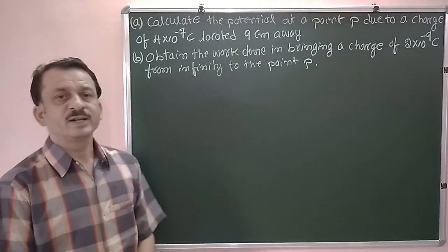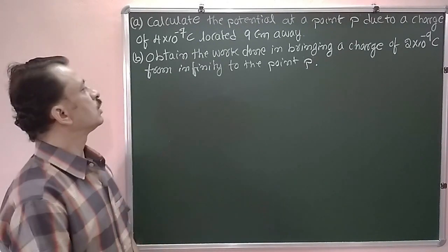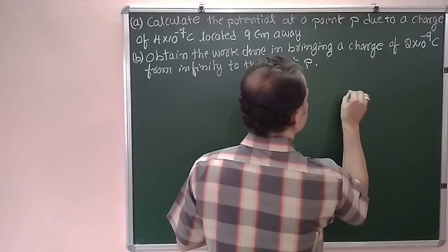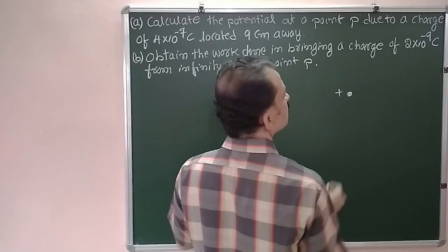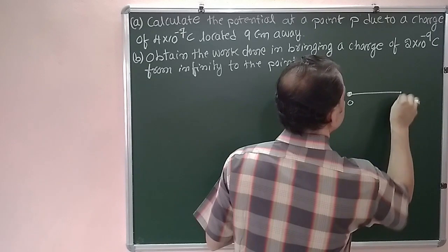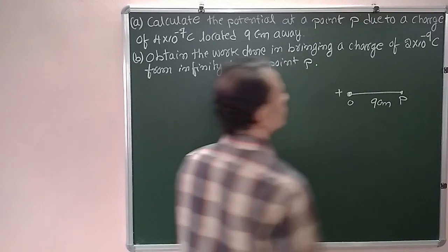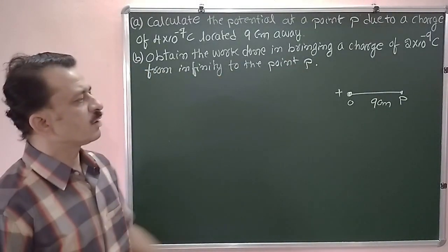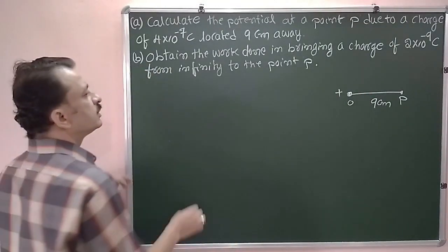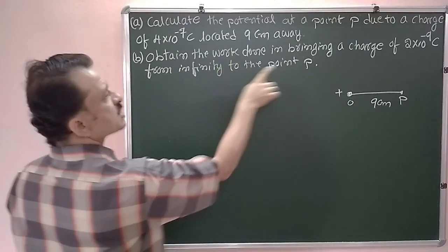Second part, obtain the work done in bringing a charge of 2 into 10 raised to minus 9 coulomb from infinity to the point P. Now we have a positive charge at some point O. We have to find the potential at this point P, which is 9 centimeter away. The distance is given in centimeters, we have to convert it into meters. We have to calculate the potential at that point, and also the work done in bringing the other charge.